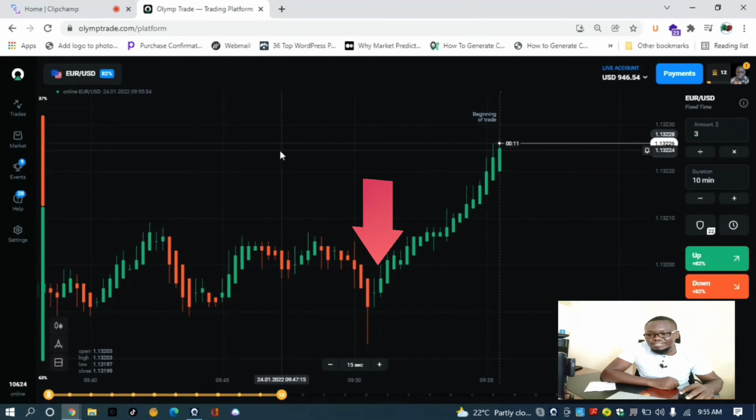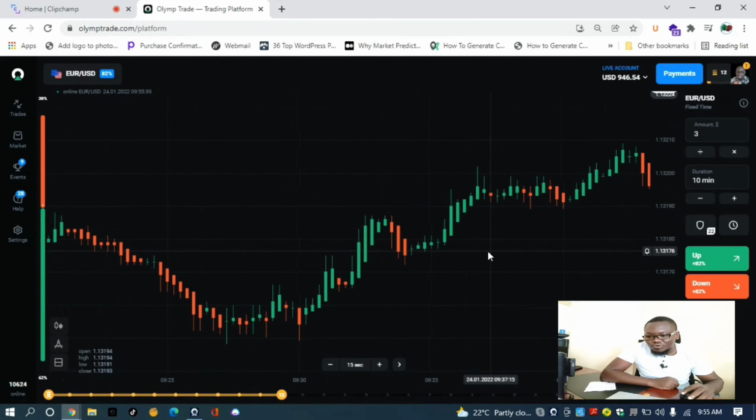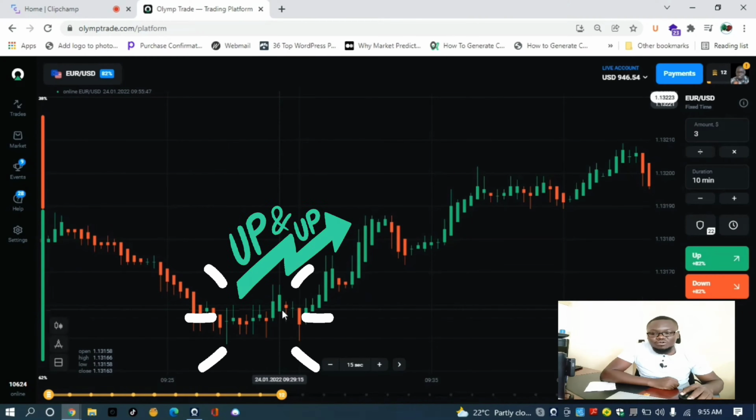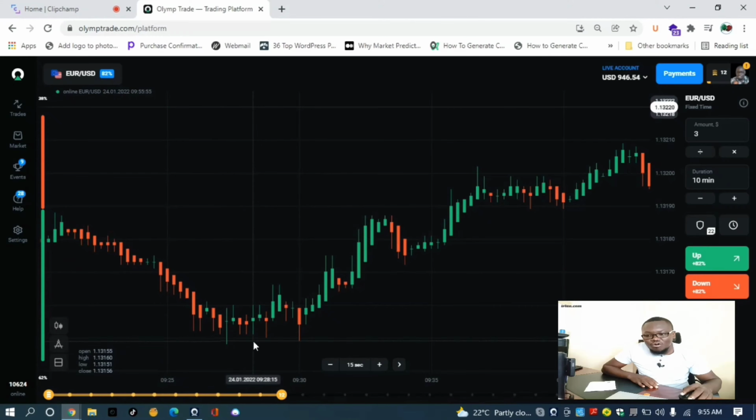is trending downwards. The small candlesticks, however, if you look at this point here, there is a downtrend, then there are small candlesticks with long lower wicks and long upper wicks. They depict a reversal. If you see any of these candlesticks with long lower and upper wicks forming at any particular point within a trend, that is a signal that the market is about to take a different direction.